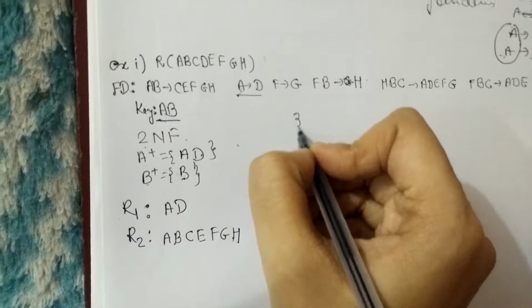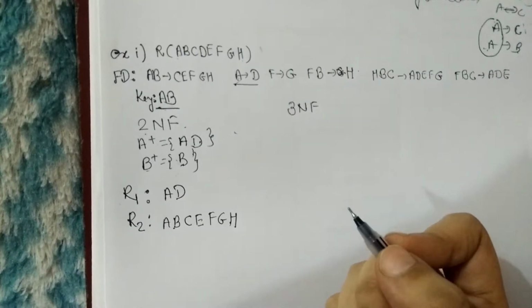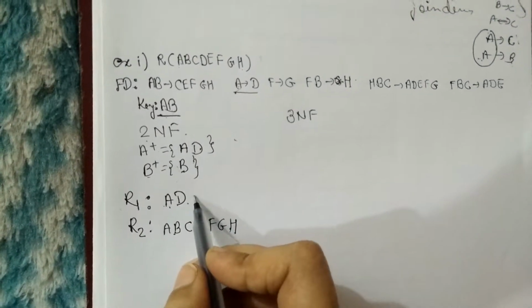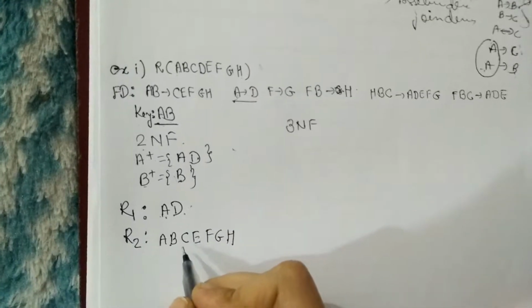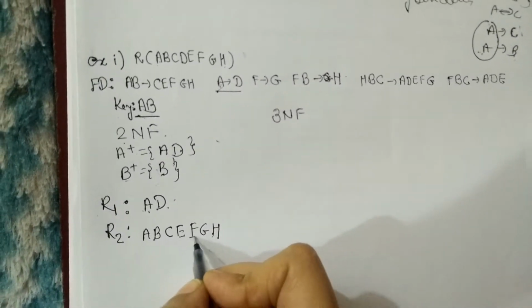Now I have to convert it into 3NF so that there should not be any transitive dependency. AD is separate, so it does not have any transitive dependency. But in relation 2 there is a transitive dependency.